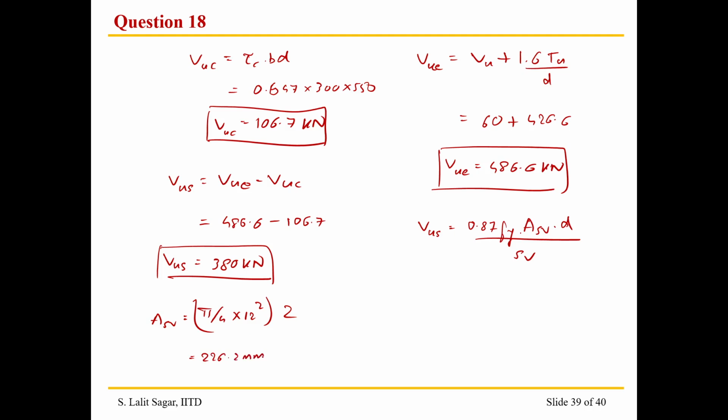Now let us substitute this value and find out the value of SV, that is 0.87 into 415 into 226.2 into D, which is 550, divided by 380 into 10 to the power 3, and solving we get the value of SV as 118.14.